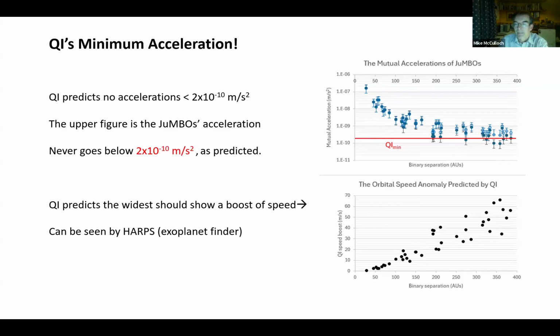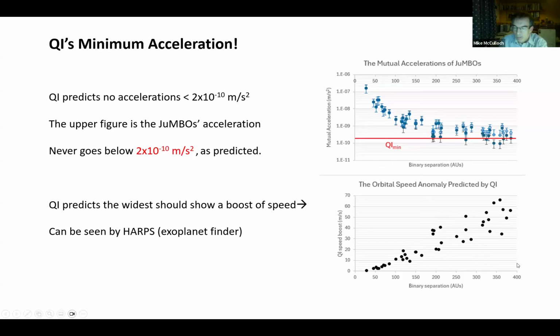So I predicted that these very widely separated binary objects will orbit a little bit faster than expected, because they've lost inertial mass. So they're able to orbit faster without the centrifugal force pushing them away. And so the bottom graph here shows the speed boost that I predict for these.